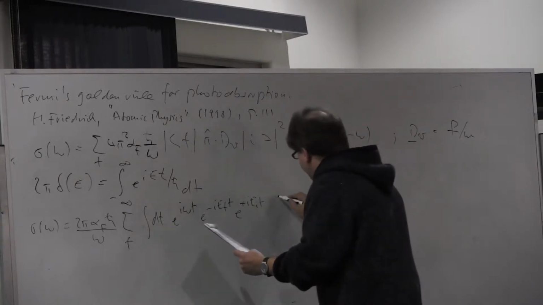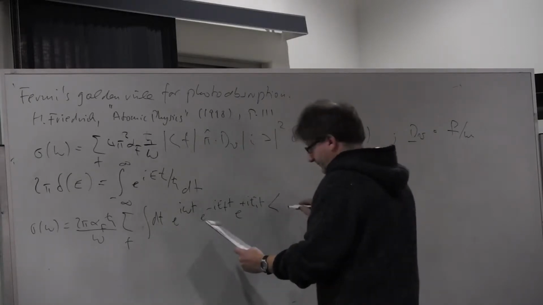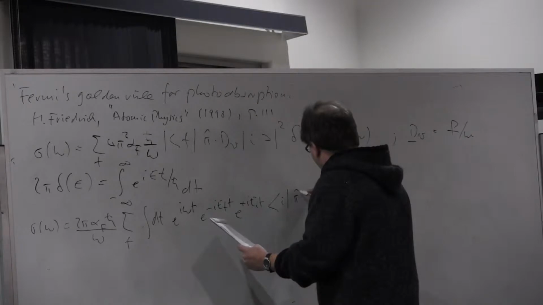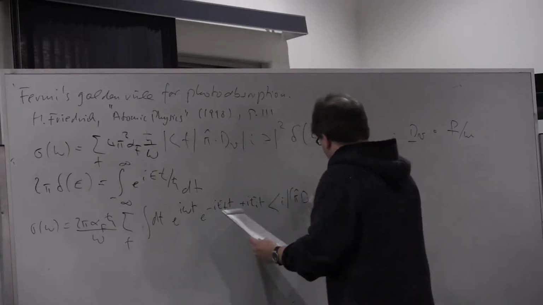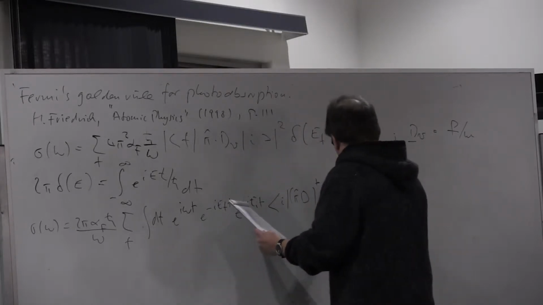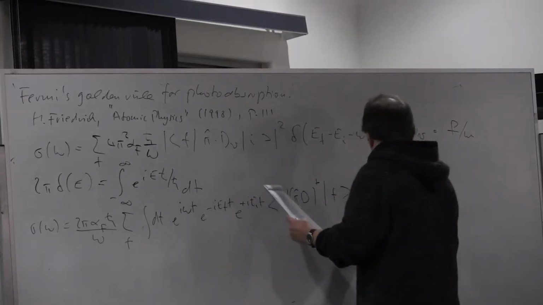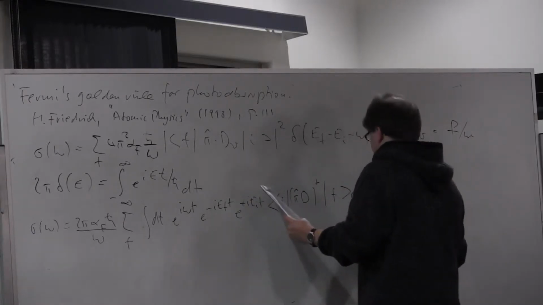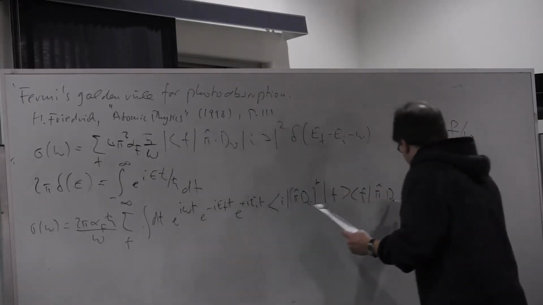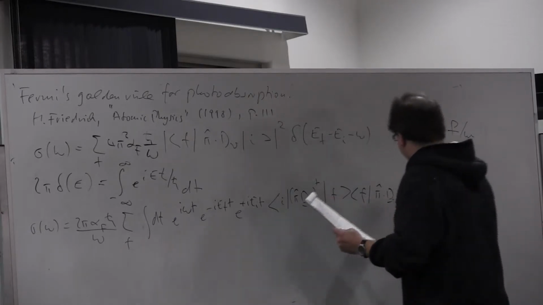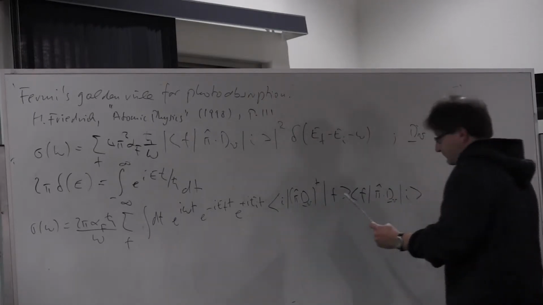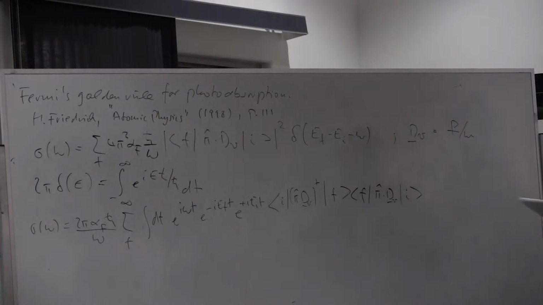And now we write our matrix elements: initial, p times d, and the adjoint, final, p times d. Forget the v, but okay. Initial, and I think that's more or less it.